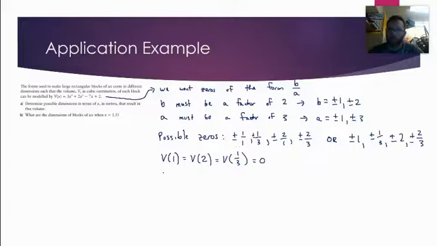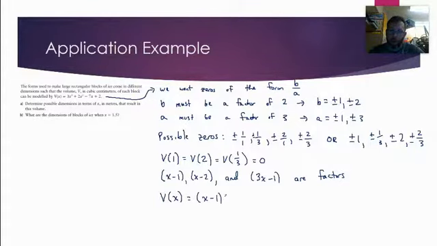What the factor theorem says, that means that x minus 1, x minus 2, and, so be careful with this last one, what does this root of 1/3 correspond to? Corresponds to a factor of 3x minus 1, right? 1/3 makes that 0. Our factors. And so our volume function can just be written as x minus 1, x minus 2, and 3x minus 1.